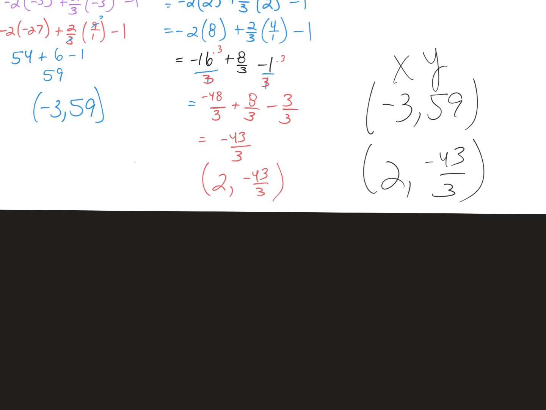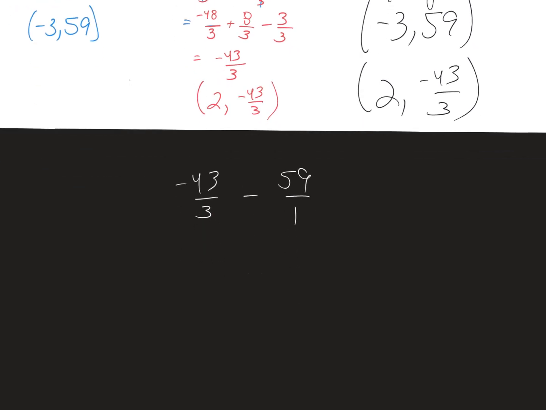All right, so we're going to just work this out. I'm going to say negative 43 over 3 minus 59 over 1. Right? I started off with negative 43 over 3 in the numerator. So what am I going to start off with in the bottom? 2. So 2 minus negative 3. This is basic math. In the numerator, I have to simplify.